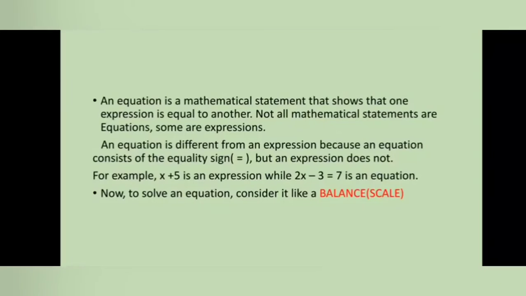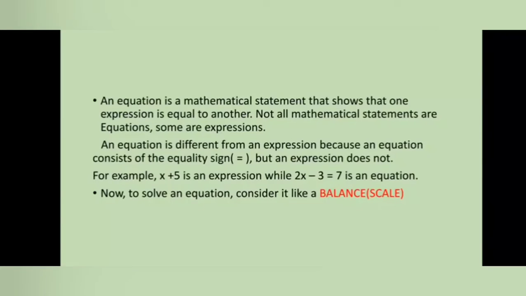An equation is different from an expression because an equation consists of the equal sign, but an expression does not. For example, x plus 5 is an expression, while 2x minus 3 equal to 7 is an equation.